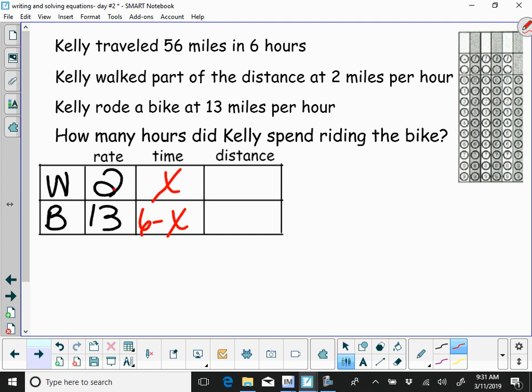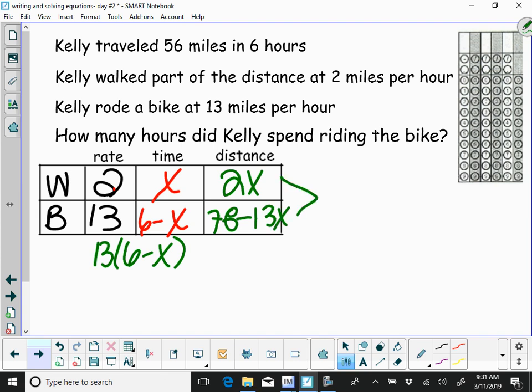What's 2 times X? 2X. And then here we're going to do 13 times 6 minus X. So what's 13 times 6? What's 10 times 6? 60. What is 3 times 6? 18. What's 60 plus 18? 78 minus 13x. Okay?